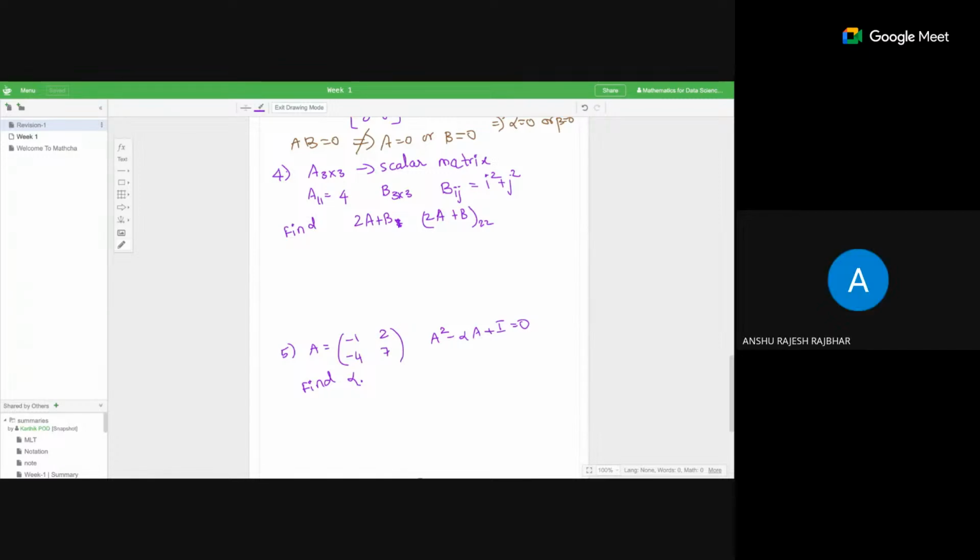All the diagonals are 4, the rest are 0. Oh sorry, I told the value of B.